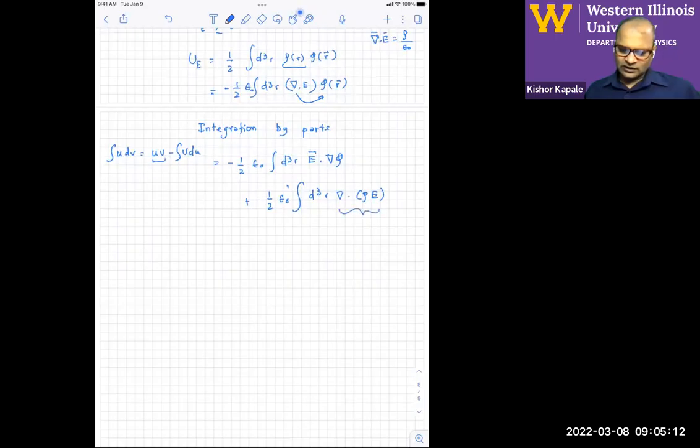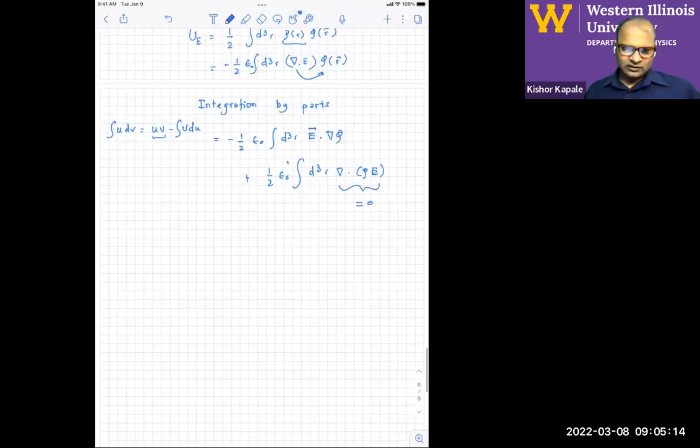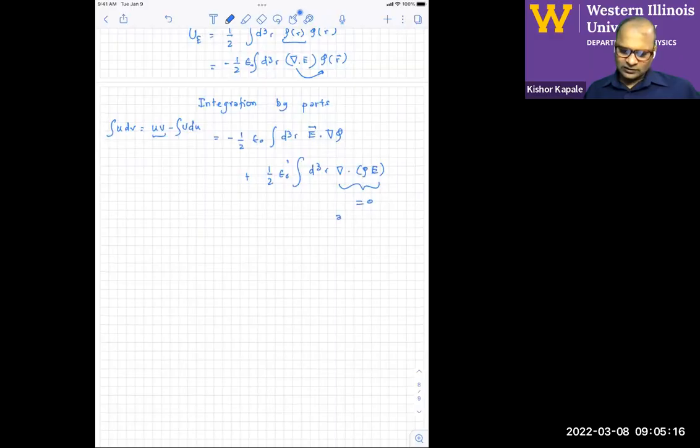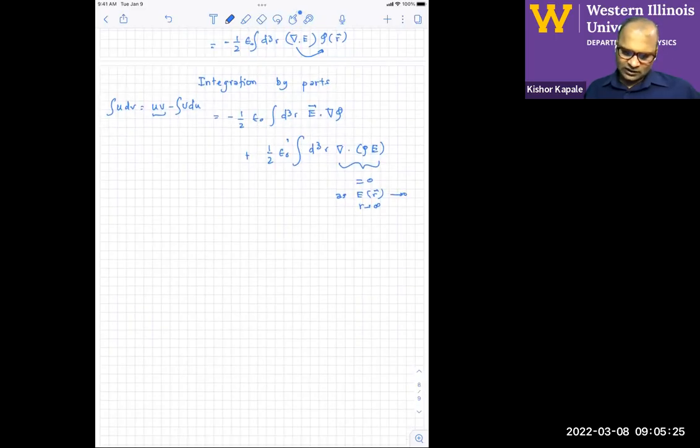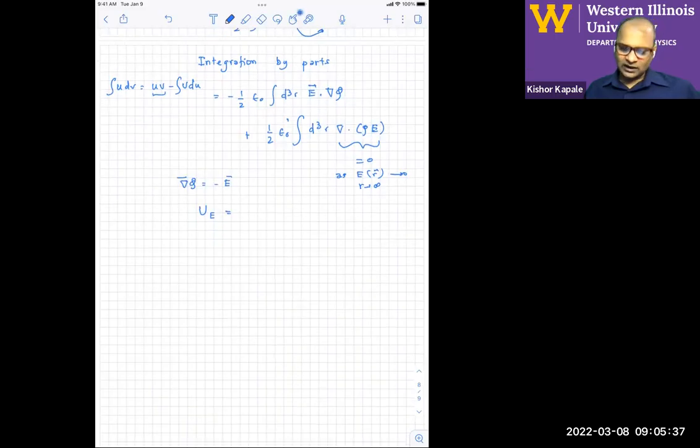And so this thing gives us 0 because E of r goes to 0 as r goes to infinity. So I told you about that. And so what you are left with is UE equal to, let's substitute gradient of phi as negative of E. And so you're left with the positive, right?